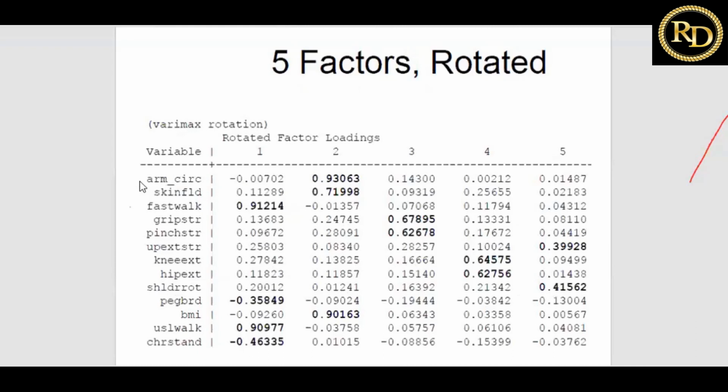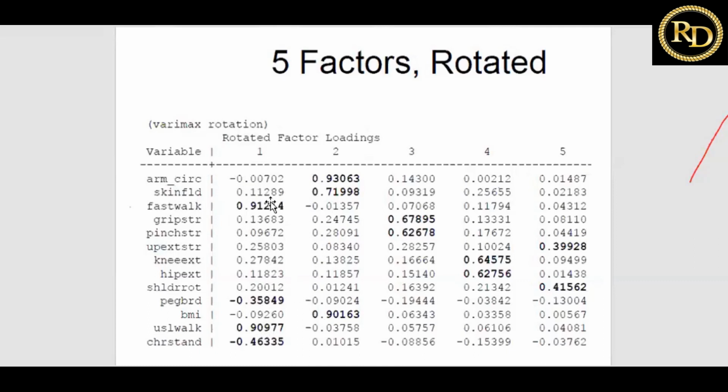It gives you this output. Now you can see that for factor 1 the loading value links to the one factor. Here this is also giving one factor, 0.9, 0.4. So no overlapping is here.